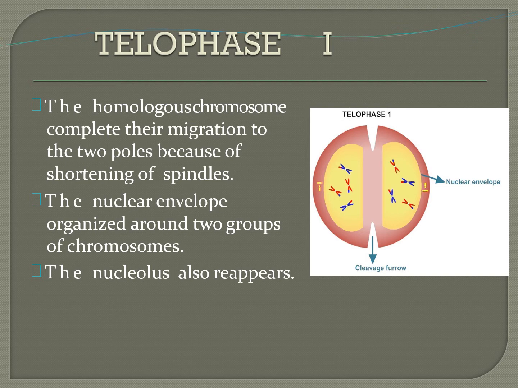Here, the homologous chromosomes complete their migration to the different poles because of the shortening of the spindle fibers. The nuclear envelopes organize around two groups of the chromosomes, and the nucleolus, which disappeared in the earlier stages of the prophase, also starts appearing, or reappearance of the nucleolus is there.